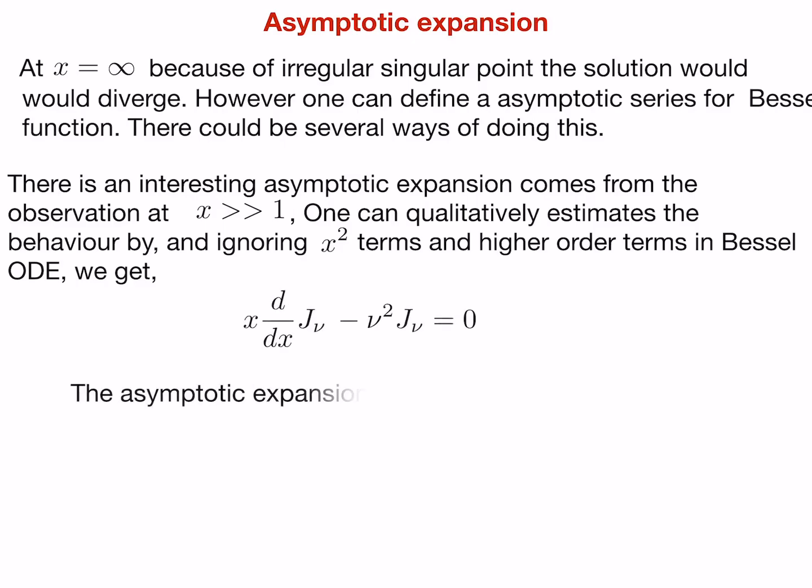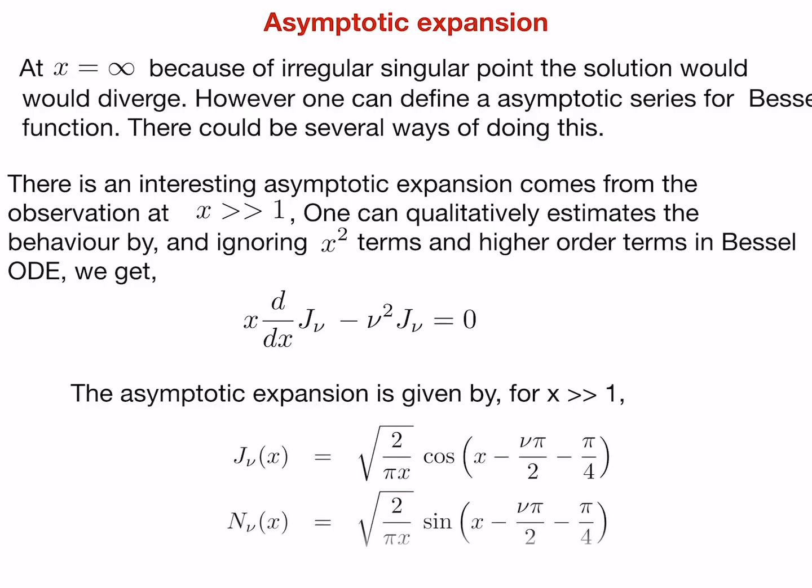One of the interesting asymptotic expansions is ignoring all the terms of x square or larger because they diverge very quickly. So you take a very small value of x and solve this equation, then you would get two solutions in terms of cos and sine. Of course, it is not completely cos and sine.